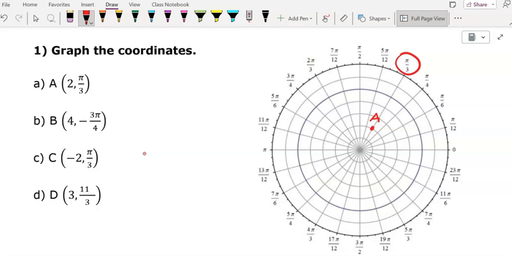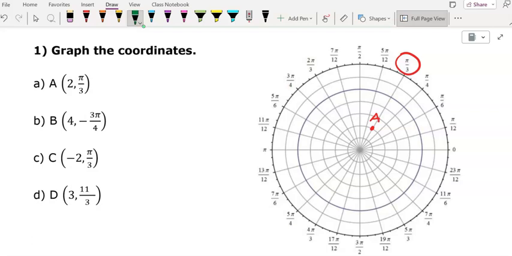Now, in order to do B, again, I find the angle, and then I go ahead and apply what the r says. So, negative 3 pi over 4. Remember, negative angles go from the polar axis, and they're going to go clockwise around instead of counterclockwise.